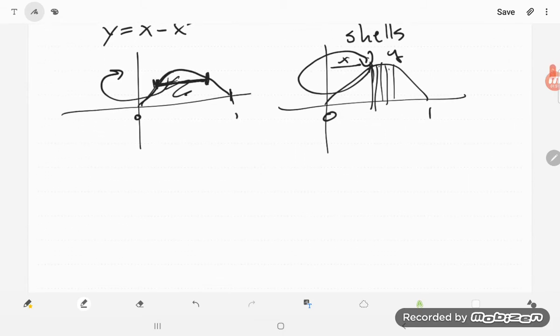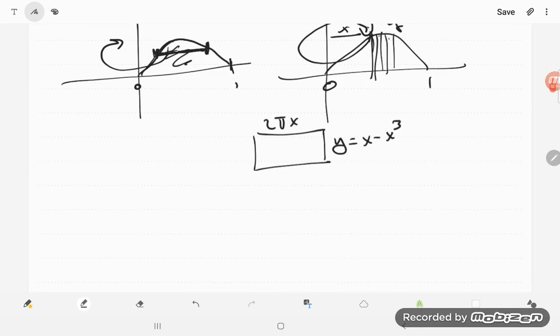And so at that point, the area of each shell, when I flatten it out, is going to have a radius of x in this case, so it'll be 2 pi x, and the height will be our y equals x minus x cubed.